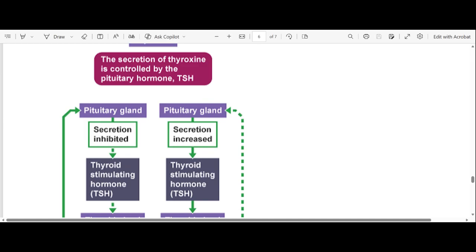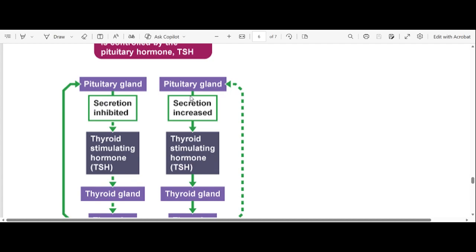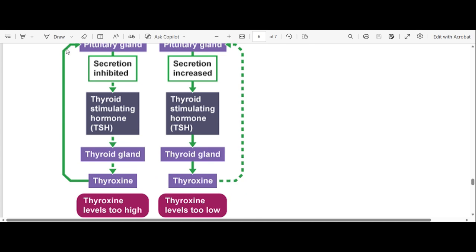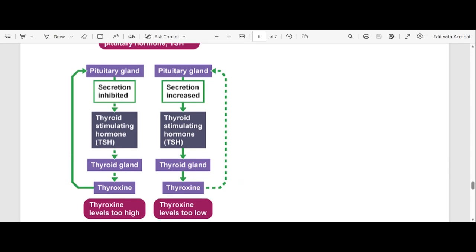Okay, now let's look at how the thyroxine levels are maintained in the body. So this is the case whereby there are low thyroxine levels in the body.